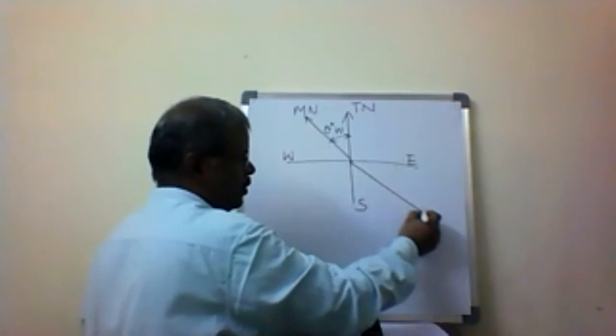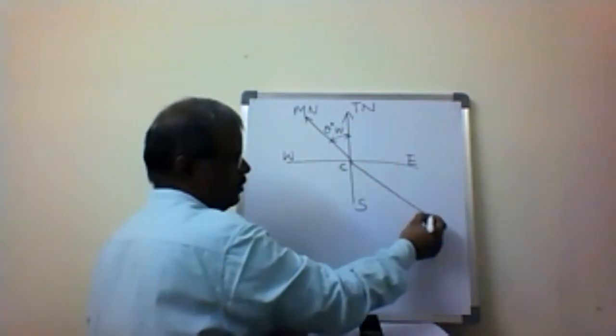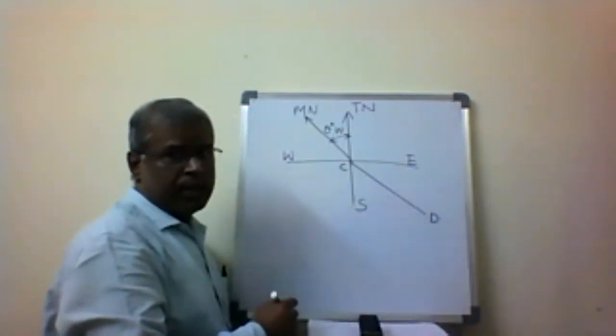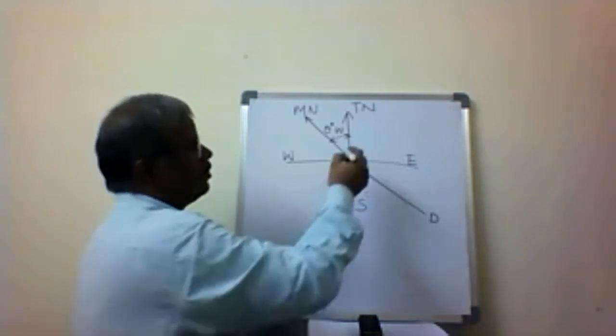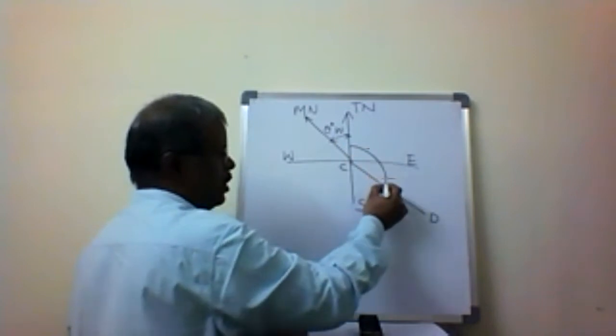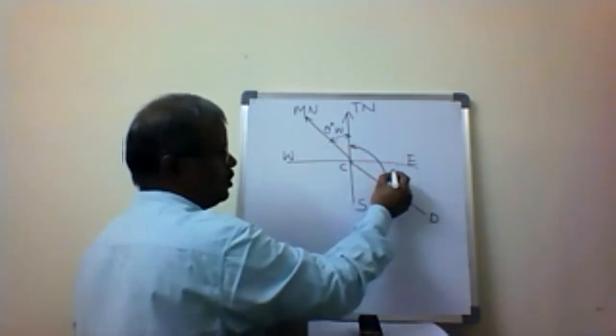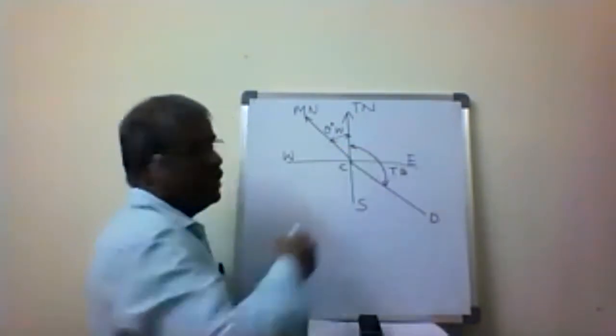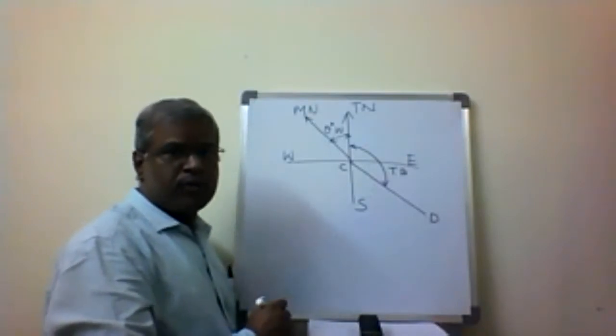The line goes in the same direction, C to D. Whatever I measure from the true north is called the true bearing, and from the magnetic north it is the magnetic bearing.